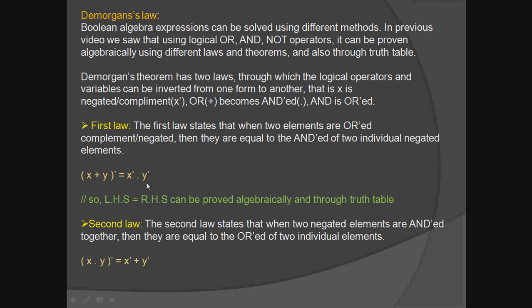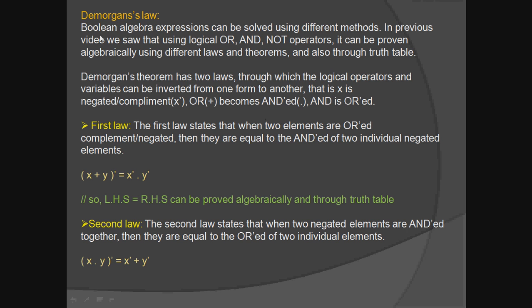Okay, so here we have to prove that LHS equals RHS, which can be proven algebraically and through the truth table. So today I'll be proving this through the truth table. Proving algebraically is already explained in your textbook, so you can have a look at that, go through that one, memorize that. You can prove it algebraically using the different laws.